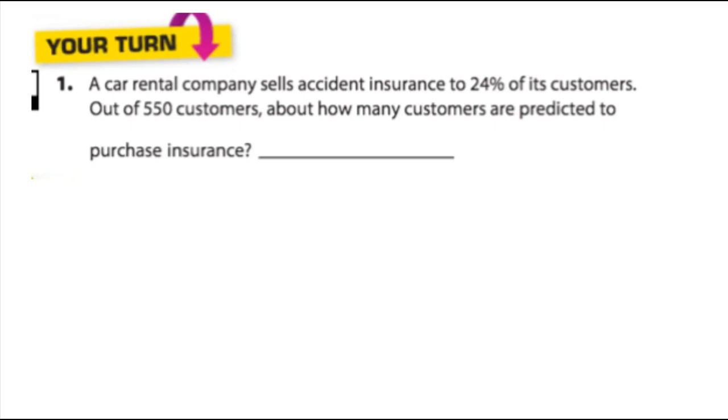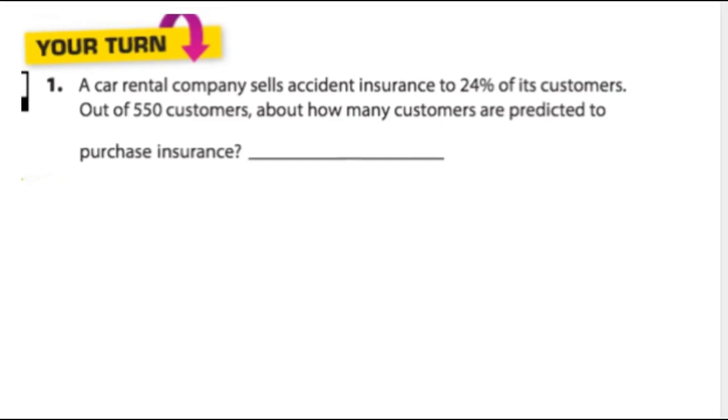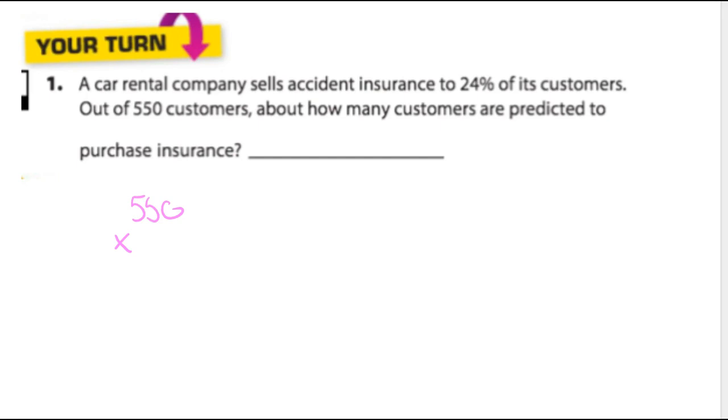That means if I wanted to solve this, I do 550 times 0.24 because that's my decimal for 24%. Your math will tell me what 24% of 550 is. I do my multiplication.